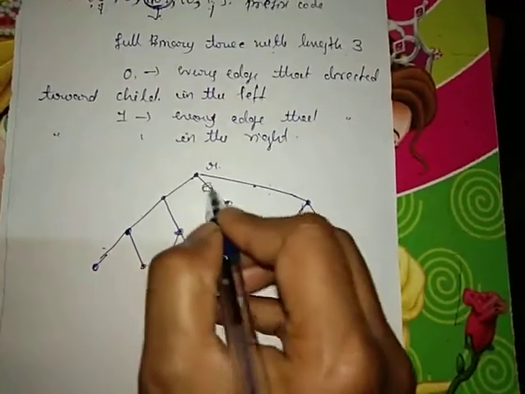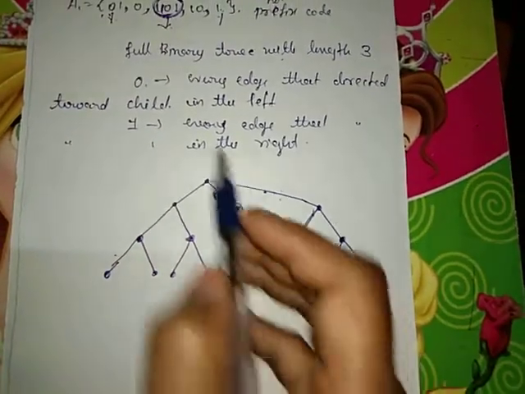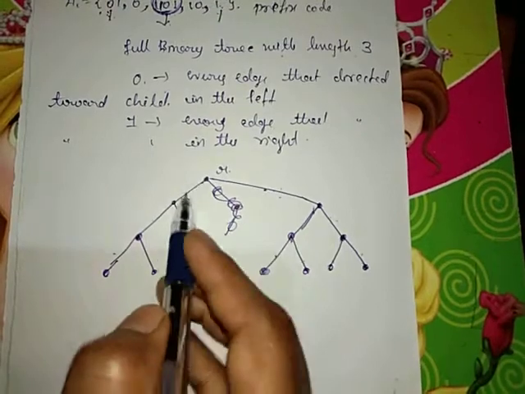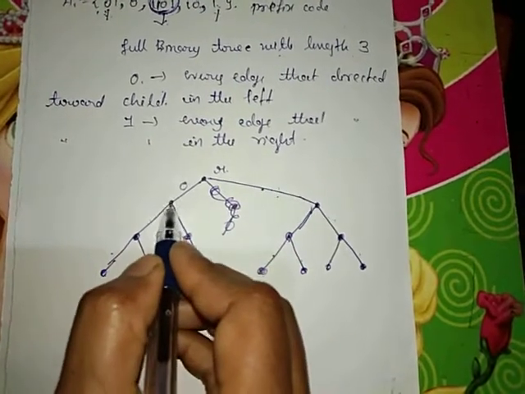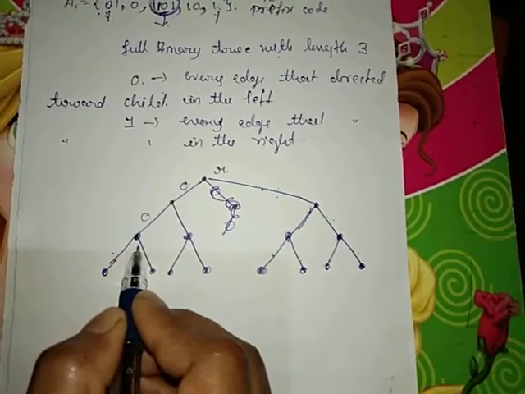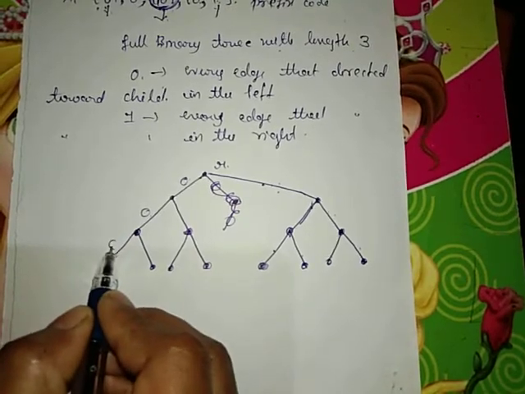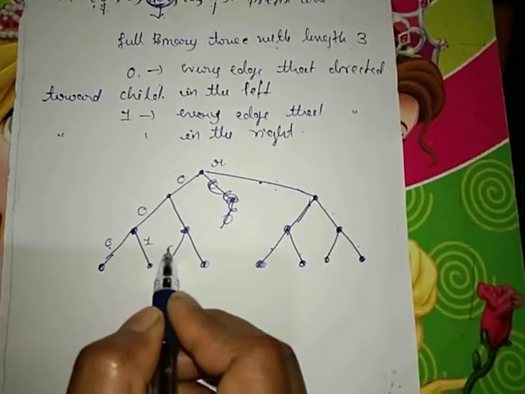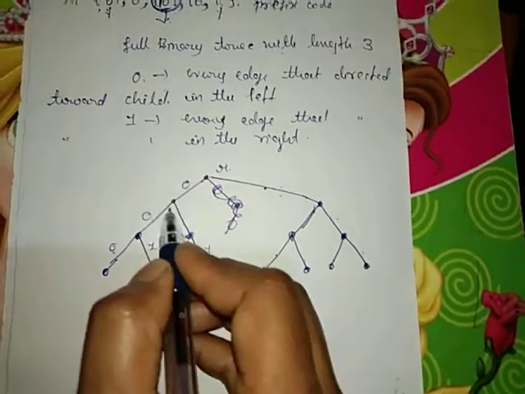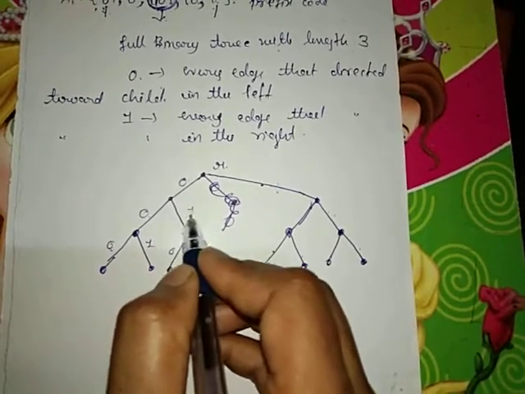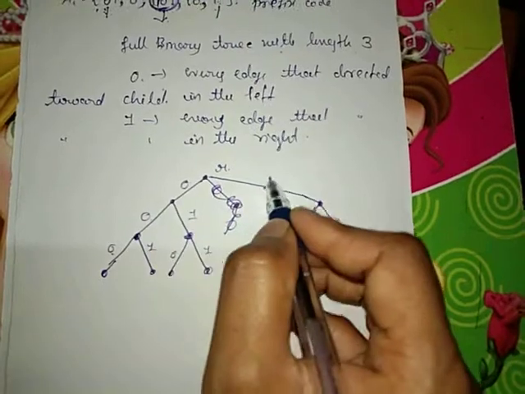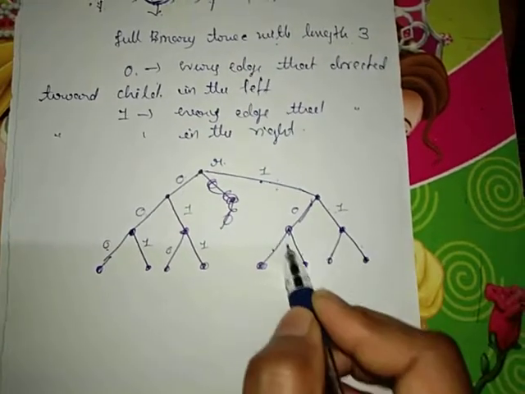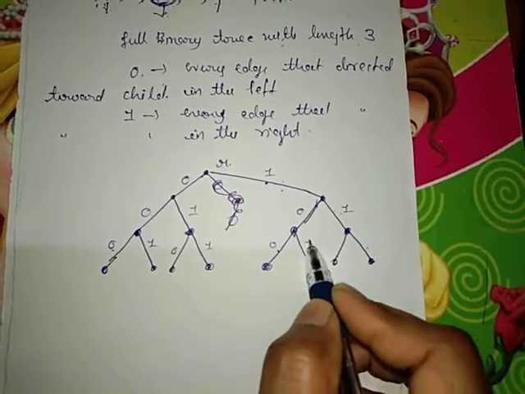So now we have to assign the 0 and 1 for each edge. For the left side edge we assign a 0. Right side edge will be assigned 1.